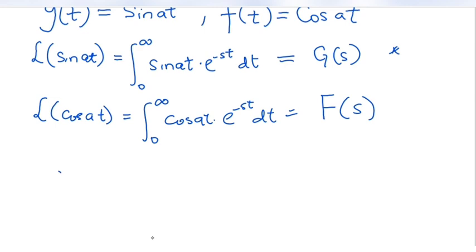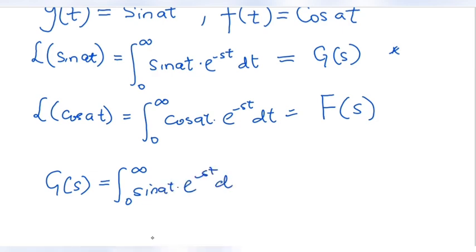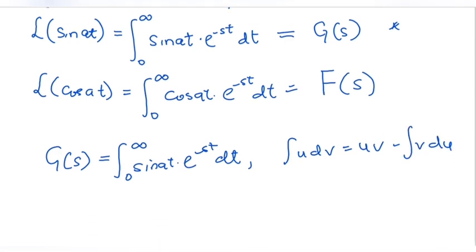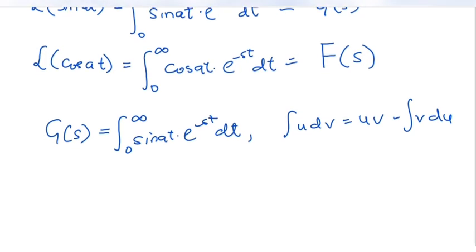So we'll have our G of s, which is the Laplace transform of sine at. This is simply the integral from 0 to infinity of sine at e to the negative st dt, and if you remember integration by parts, where the integral of u dv is equal to uv minus the integral of v du, let sine at be our u and e to the negative st dt be our dv.